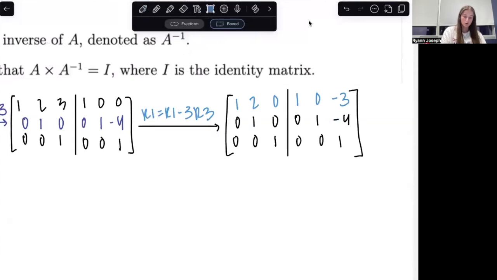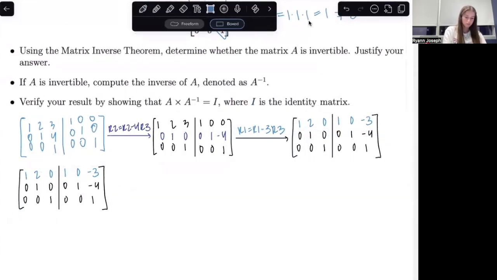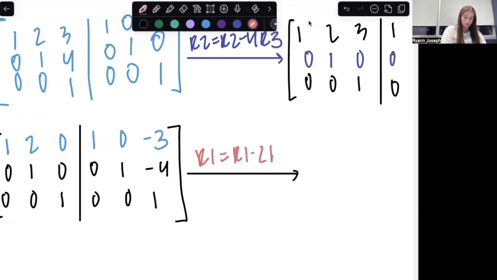And then just one more to get rid of this 2: R1 is equal to R1 minus 2 times row 2.